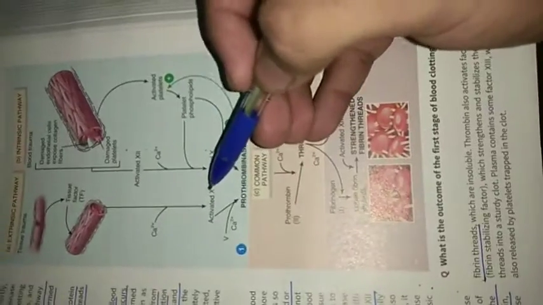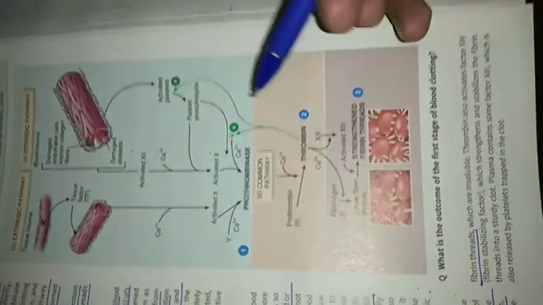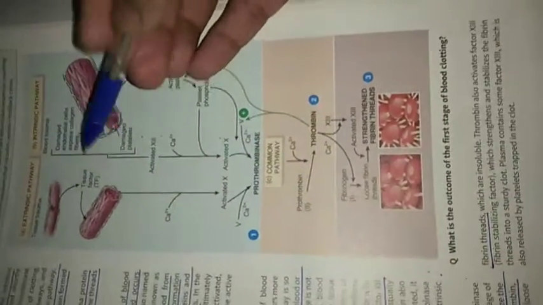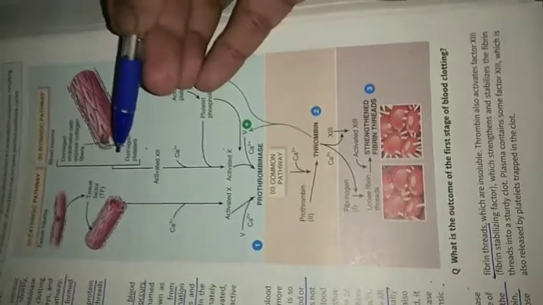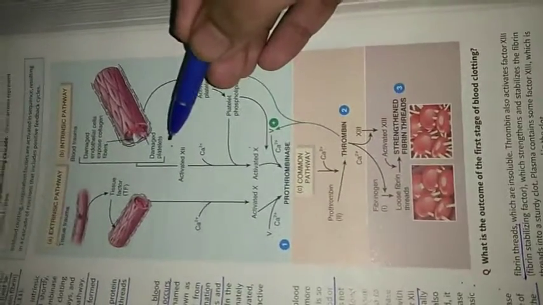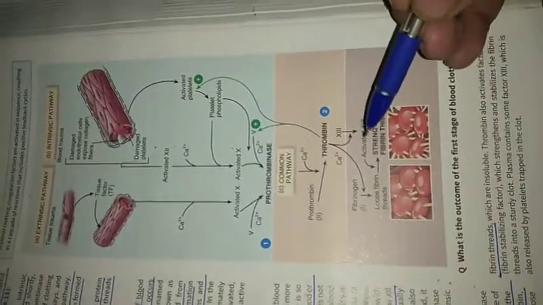In the extrinsic pathway, the factors used are 10, 5 and 13. In the intrinsic pathway, the clotting factors involved are factor 12, factor 5 and factor 13.